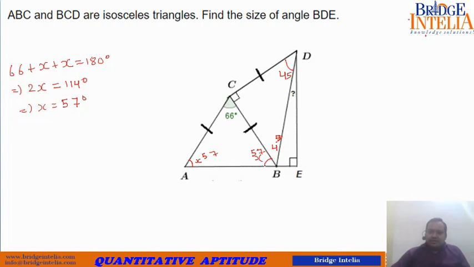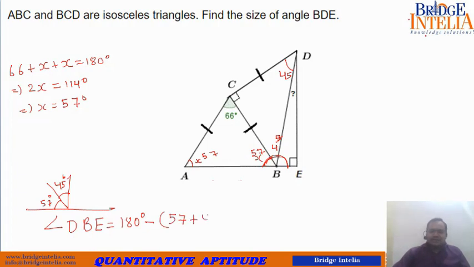So look at this straight angle. Here in this straight angle, we already know that this is 57 degrees, this is 45 degrees. So what is the value of angle DBE? Angle DBE will be equal to 180 degrees minus the sum of these two angles, that means 57 degrees plus 45 degrees.